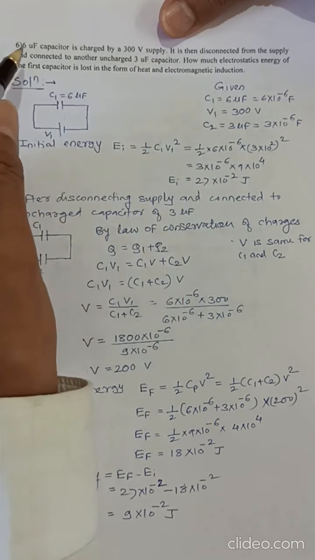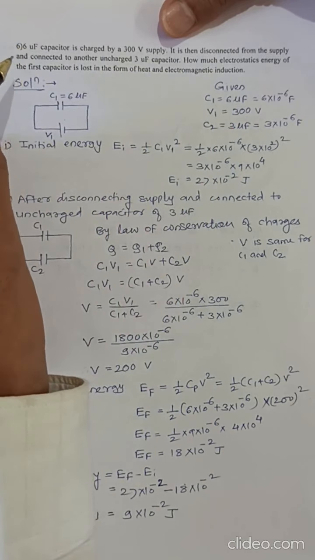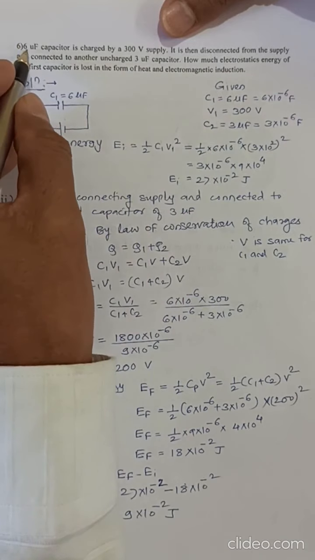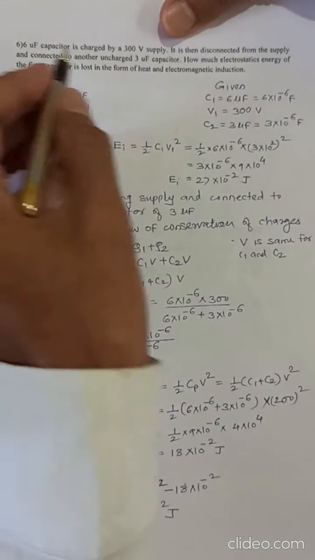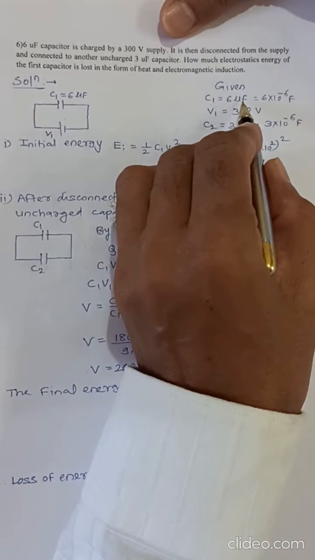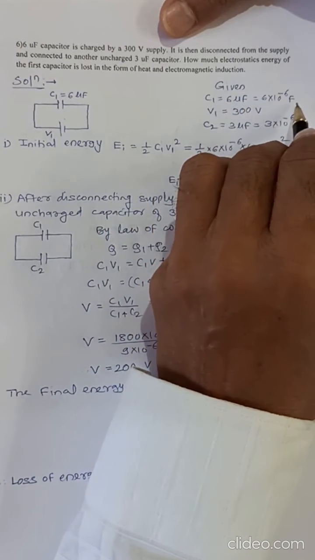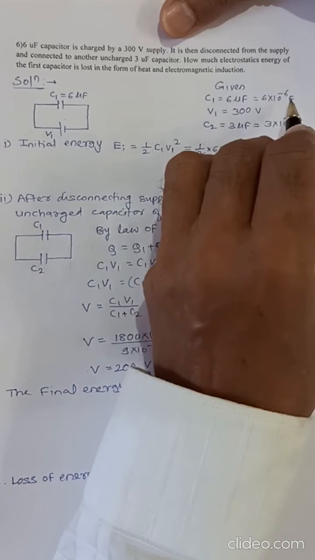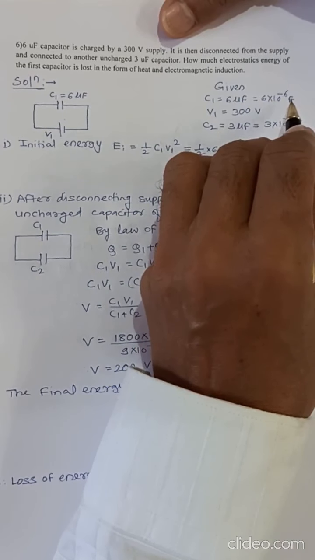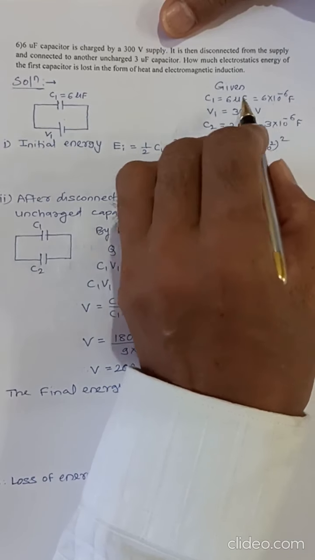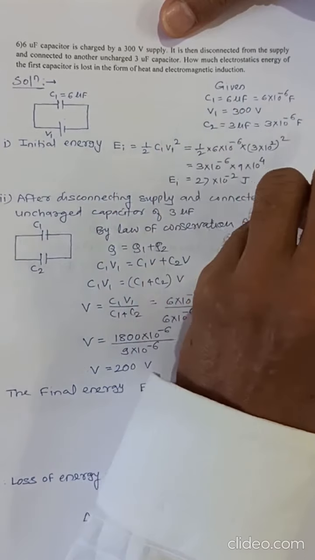So the quantities given in this problem are, suppose this is C1. C1 is equal to 6 microfarad, so 6 into 10 raised to minus 6 farad. Convert this microfarad into farad because the SI unit of capacitance is farad.